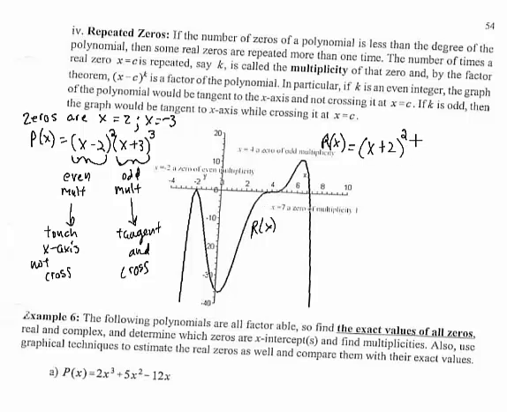Then we have another factor. It actually crosses at x equals 4. So the factor that corresponds to this zero would be x minus 4. It crosses, so it must have an odd multiplicity. I'll say 5. And then it crosses straight away.